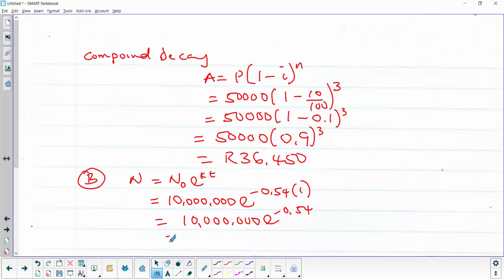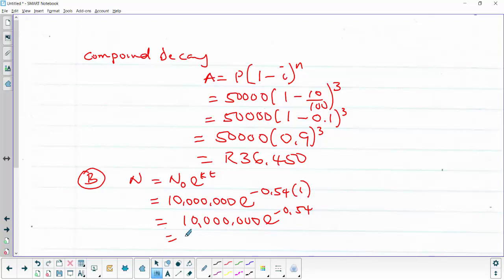So when you evaluate this one, let's try to evaluate it. We have 10 million multiplied by e raised to power minus 0.54.